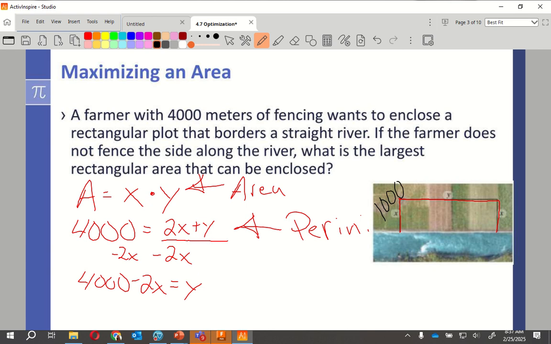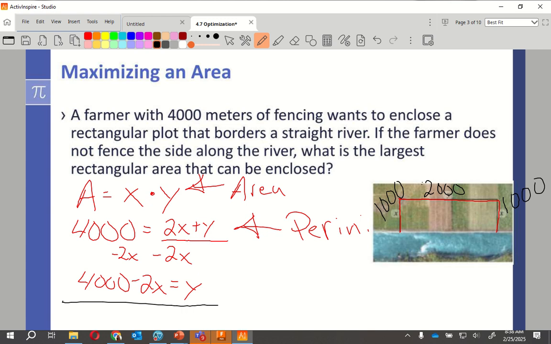This over here is also, and I could plug in over here if I know X is 1,000. 2 times 1,000 is 2,000. 4,000 minus 2,000 is going to give me my Y, which is 2,000. Or, I just know it all adds up to 4,000, so that's a missing segment, right?